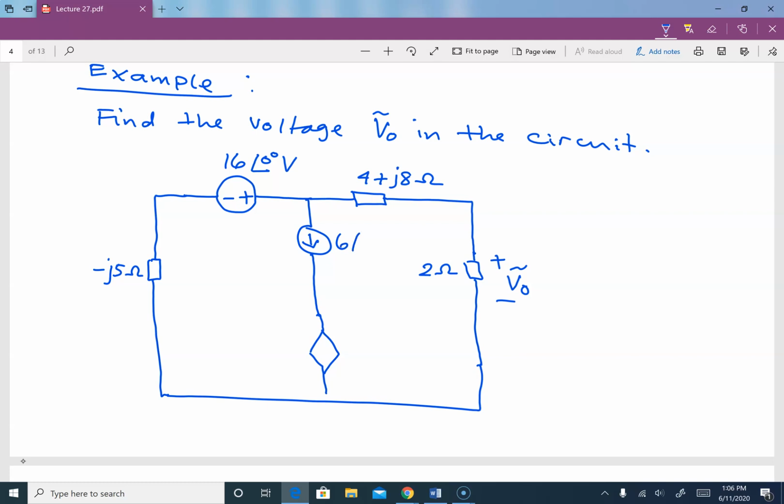This current is 6 with angle 0 ampere, and this is a voltage source, and our value is 2ix, and then we have over here negative J4 ohm, and over here also we have 2 ohm.